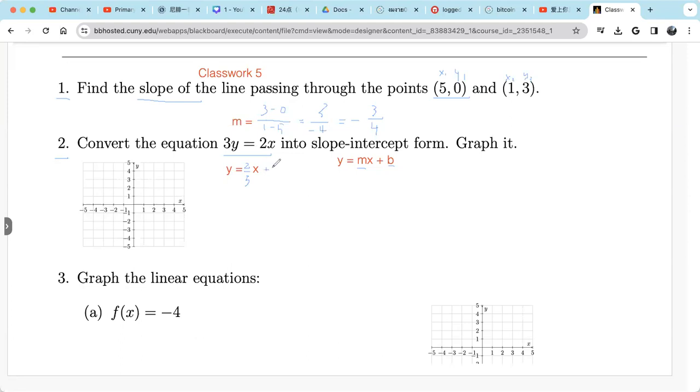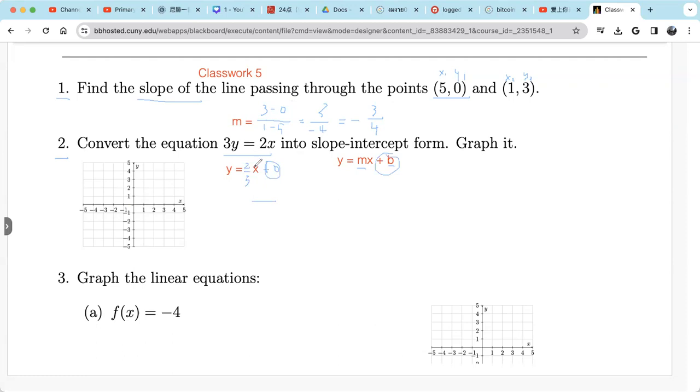But we don't bother to write plus 0. Plus 0 is plus nothing, right? But we can interpret: this is y equals 2/3x, and b equals 0. So we don't really need this part, but in our head, we process it like this. In this case, b is 0. So the x-intercept and the y-intercept are the origin.